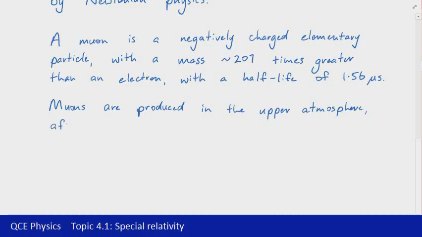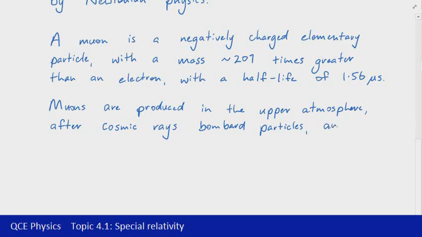So those cosmic rays usually colliding with molecules up in the upper atmosphere, would then produce pions as a product, and also kaons and a number of other things. Those pions and kaons would then decay into muons, but it's really the muons that we're most interested in.